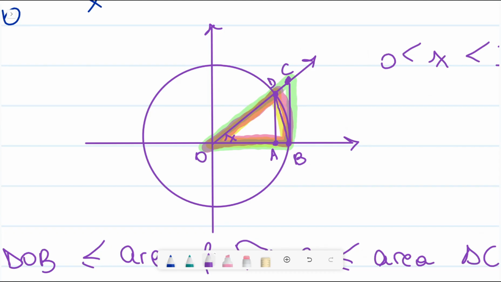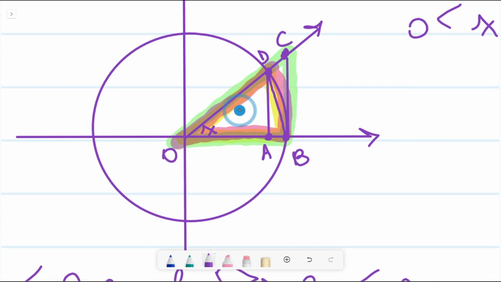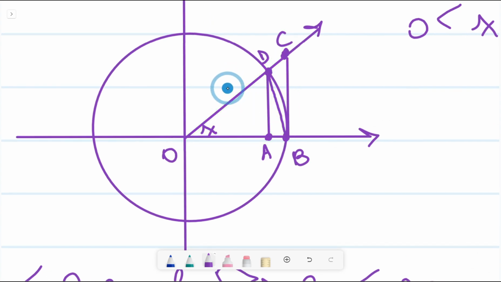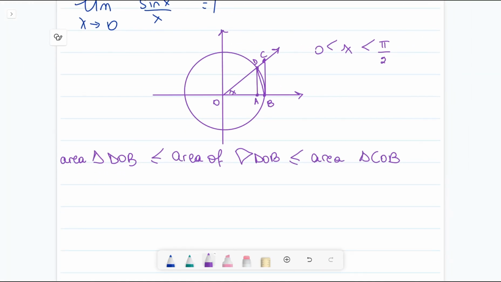I will zoom in into the figure because as you can see, this yellow part is smaller or equal to the red part, which is smaller or equal to the green part. Now I will erase this just to make the figure clearer. So this is a good step for the squeeze theorem, because as you know in the squeeze theorem we also always start by making an inequality. So now let's find each of these areas.